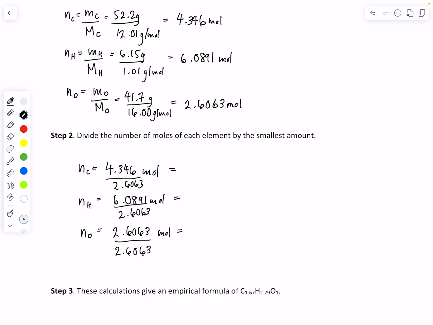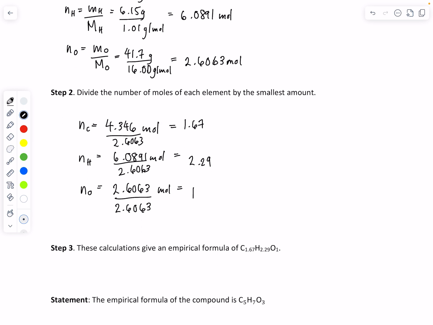And you'll see that we get 1 for oxygen, 1.67 for carbon, and 2.29 for hydrogen. Now we have to find the simplest whole number ratio, because right now as it stands, we have the formula C1.67, H2.29, and O1.